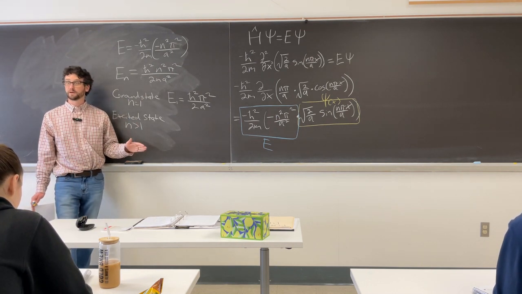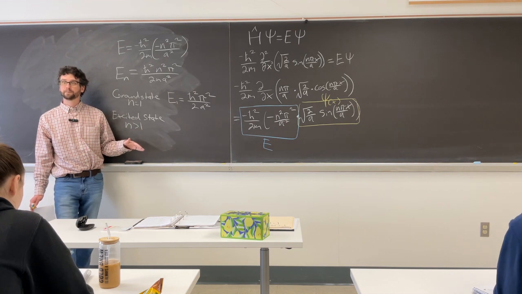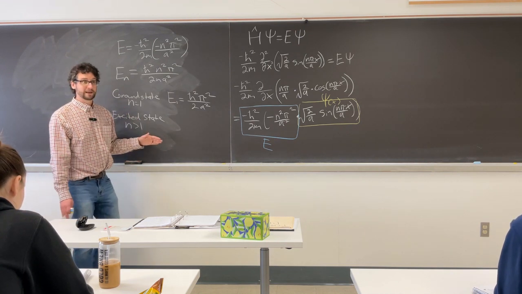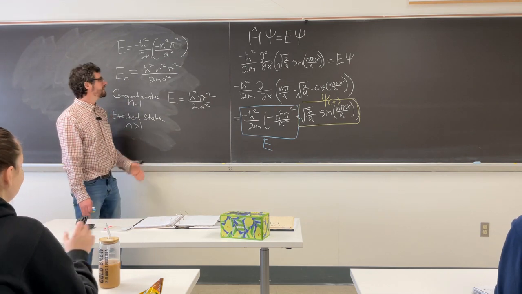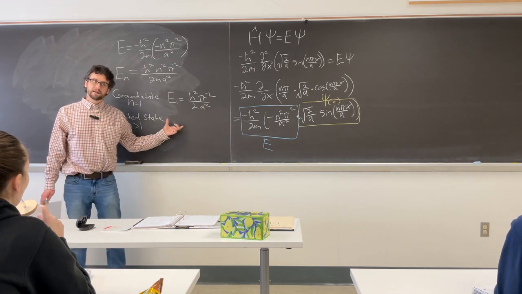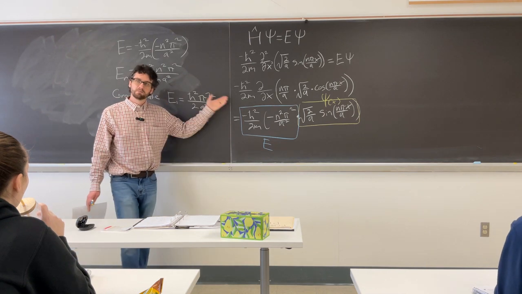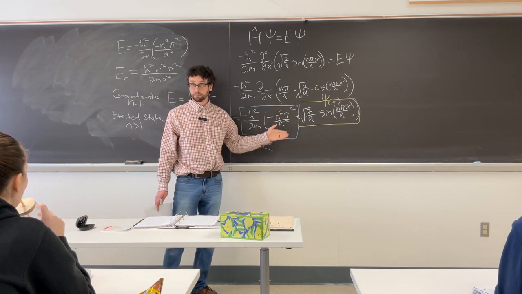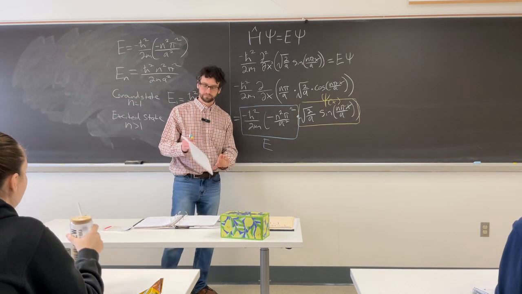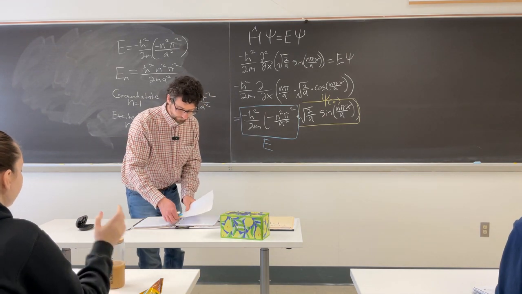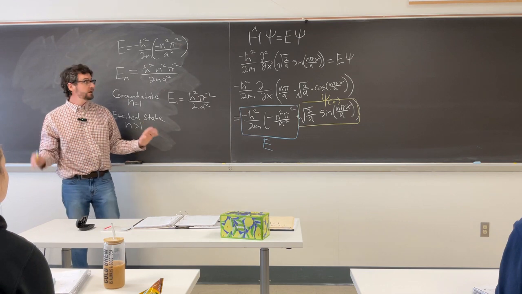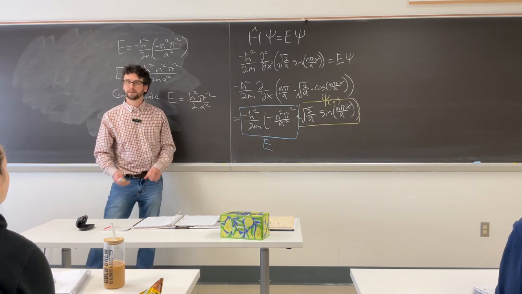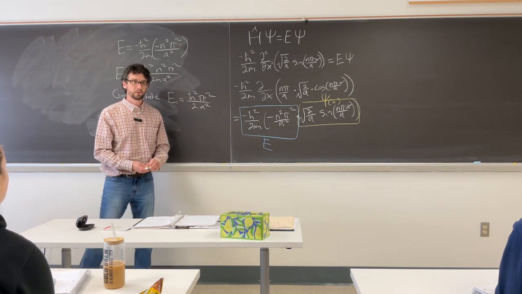What do you always get for your energy values in lab? Yeah, they're always negative, or they should be. If you have a positive, something's gone really, really bad. We're going to talk about why that is as we start applying this to more complicated models. Okay? No questions about that, right? You feel like you could do this pretty easily. Okay, good.